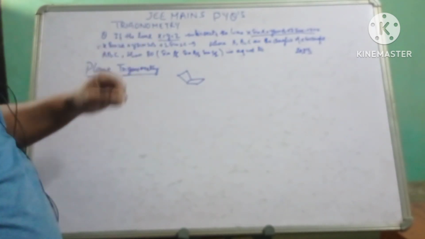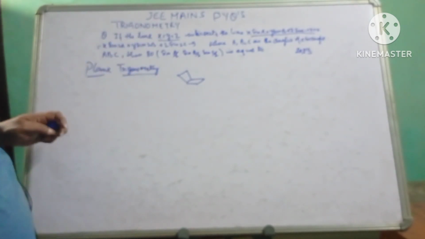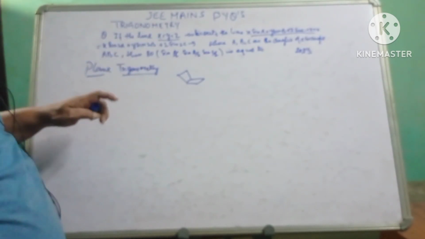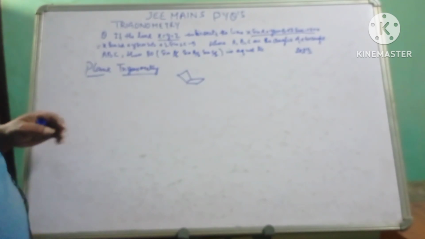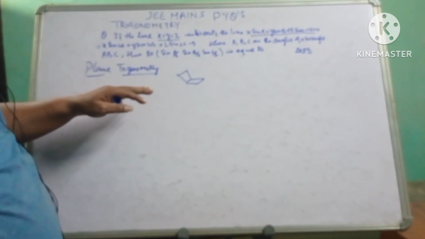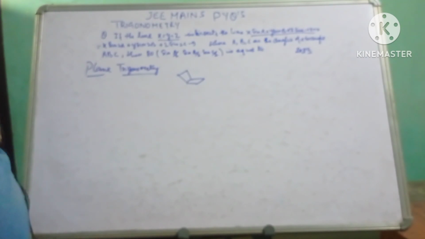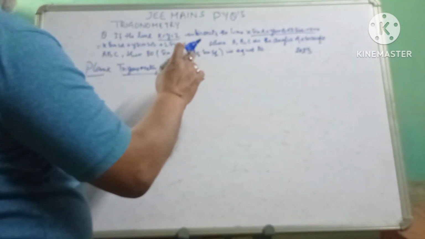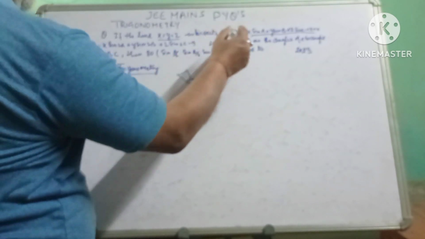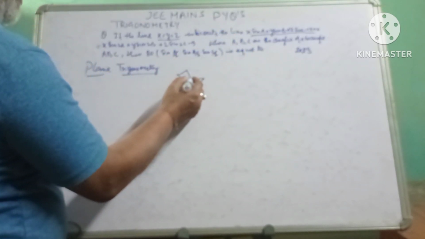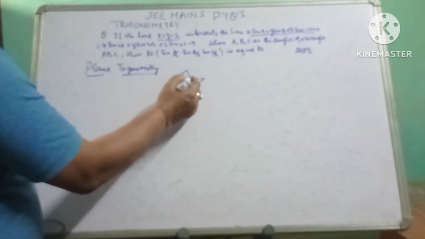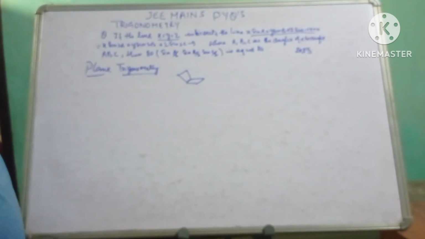In your new syllabus in class 12 planes have been deleted, but earlier they were included. When two planes intersect, they intersect along a line.